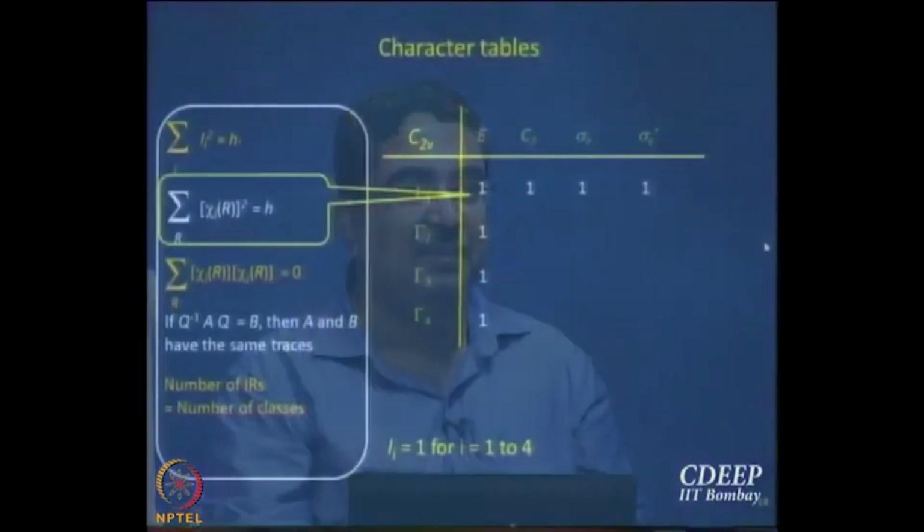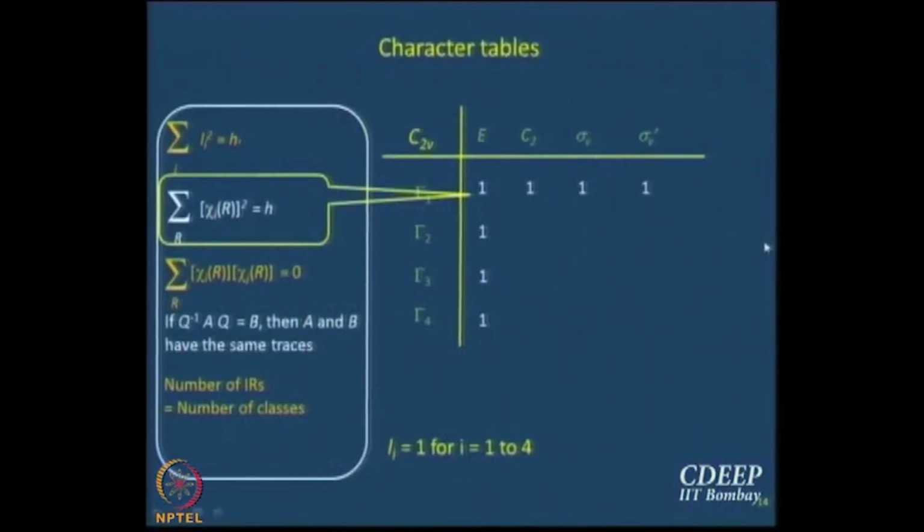So first row is always all ones. That is called the totally symmetric representation. No matter what you do, there is no change. That will be there for all symmetry point groups.